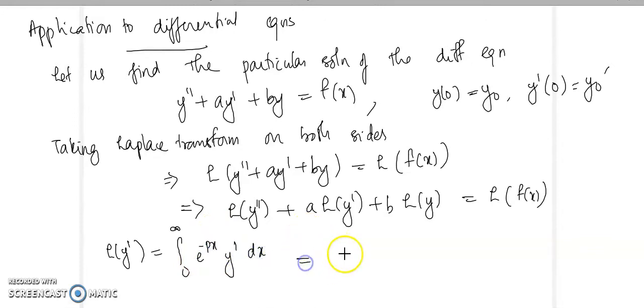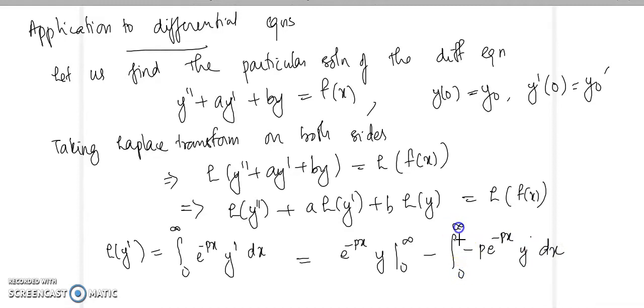So upon using integration by parts you will get, let me take this as the first function, e raised to minus px into integral of the second, which is y, from 0 to infinity, minus integral of derivative of the first, that is minus p e raised to minus px into y dx from 0 to infinity.